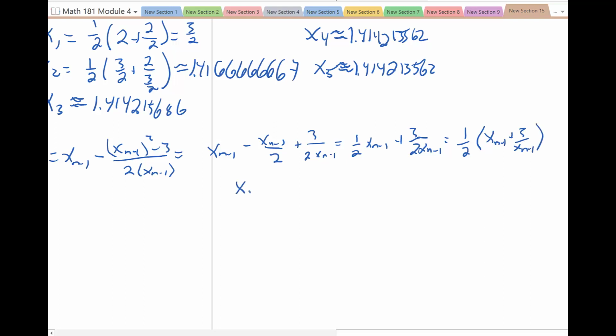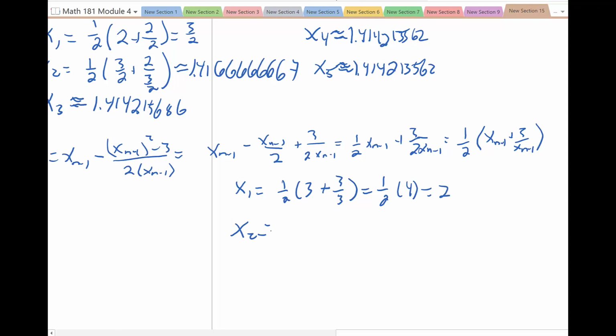So our x1 would be, they said start at 3, so 1/2 times 3 plus 3 over 3, and that's going to give us 1/2 of 4, which is 2.